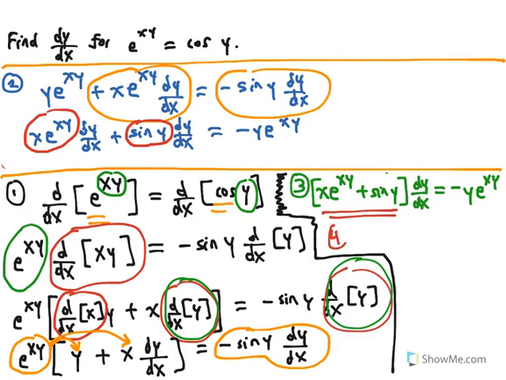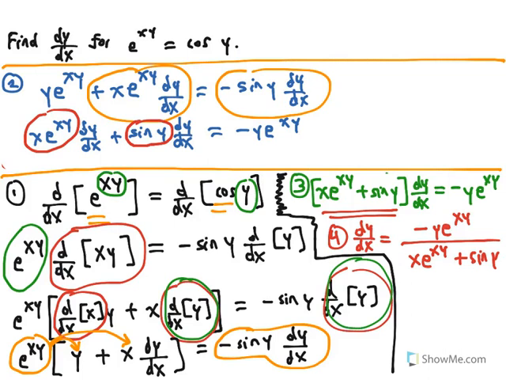So when I do that, I get my final answer, dy dx is equal to, when I divide the right side of the equation by the factor multiplying dy dx on the left side of the equation, this is what we will have. That is the final answer, and you can leave it like that, or you can express it in a different form if you prefer.